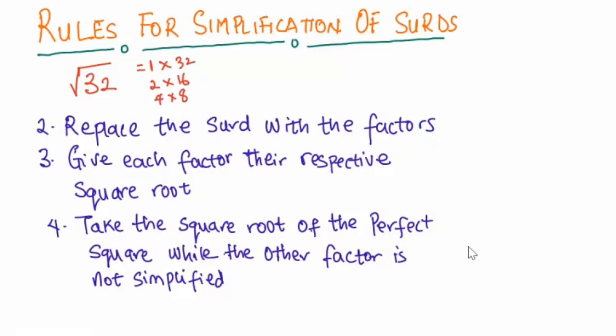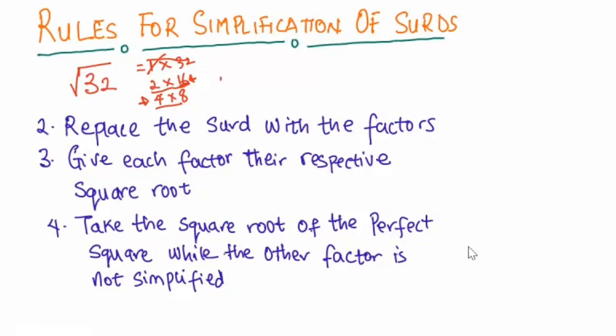For 2 times 16, 16 is a perfect square, so I can use that. For 4 times 8, 4 is a perfect square, so you can also use this one. But you can't use 1 times 32, because none of them there is a perfect square. But if you encounter something like this, I always advise you to pick the biggest perfect square, which is 16. So in this case, we are going to work with 2 times 16.